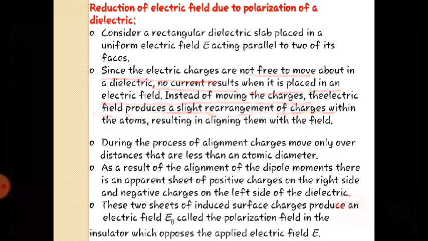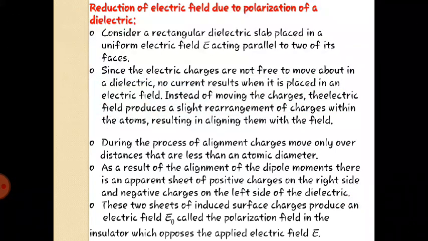Again I am explaining: if we consider a dielectric slab placed in a uniform external field, a dielectric is nothing but an insulator. So there are no free electrons inside an insulator. They have bound charges. As there are no free charges to move, current will not flow.